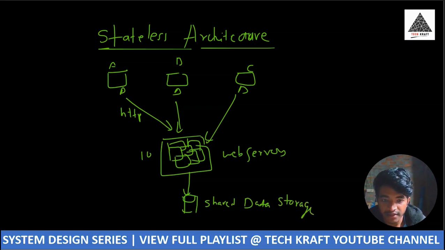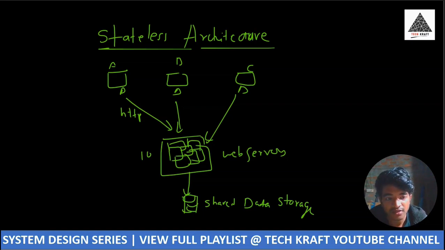We get this data from a shared data storage. When an HTTP request is sent by client A, B, C, simultaneously or not simultaneously, whatever it may be, they use web servers as a medium, and they take the session data, whatever data it might be, from the shared data storage.